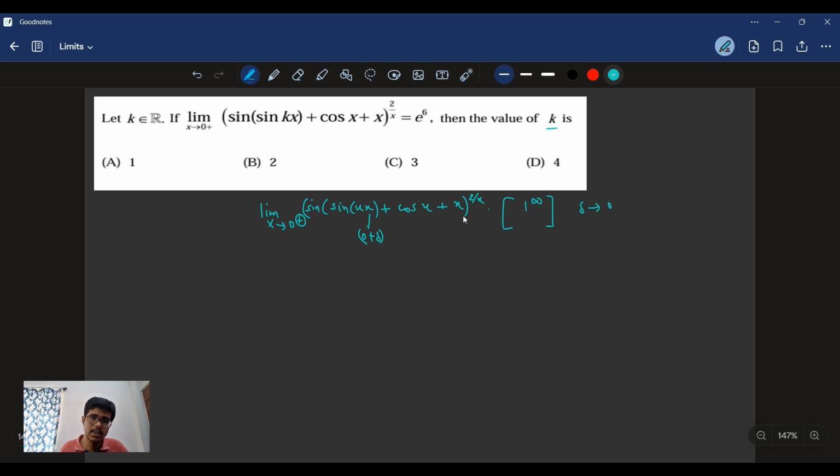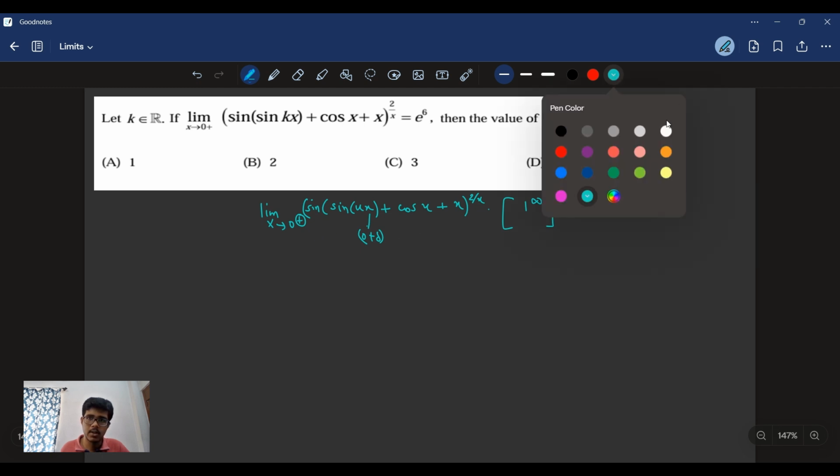Therefore, this particular limit is of the form 1 to the power infinity. And we know for limits of this format, we have to take log of this function which is given here, that is, entirely this function.